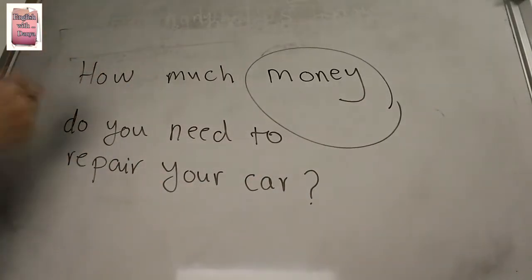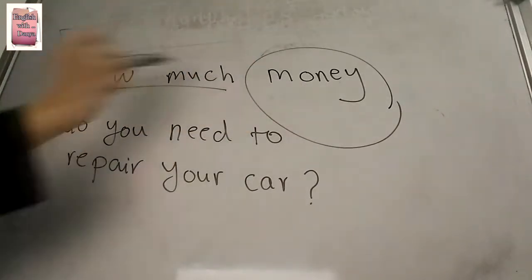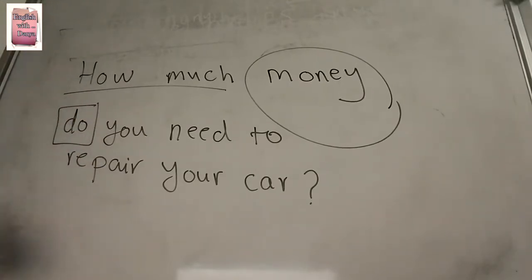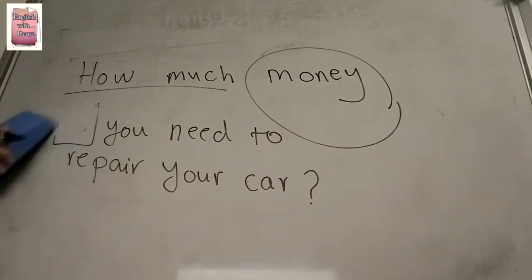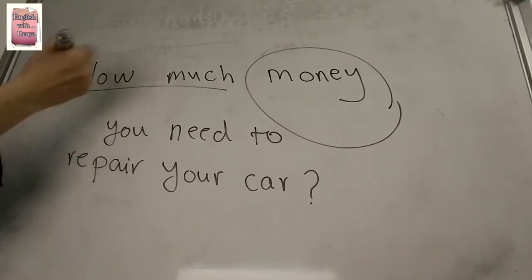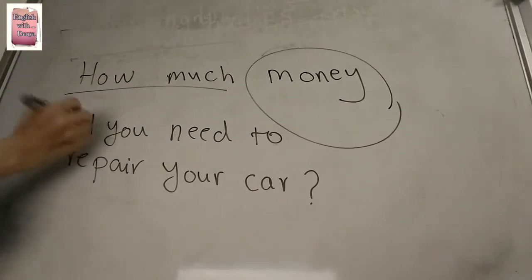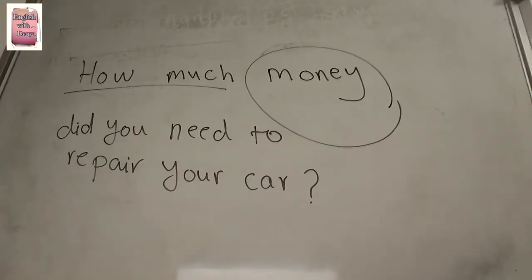So in here, we are asking about something that is connected with money, all right? And still, we are using simple present. It is fine if you want to use simple past to talk about something that you did before. So if you want to talk about previous actions, you can simply say, how much money did you need to repair your car? And it is the same thing.